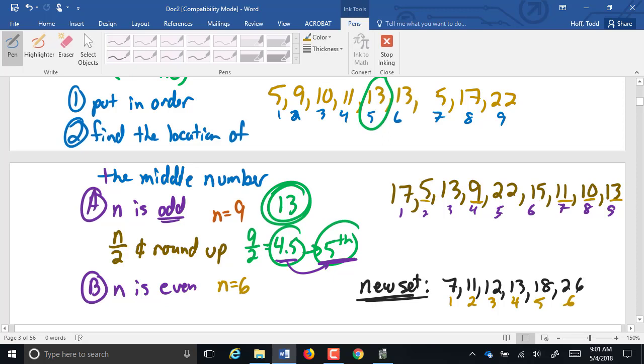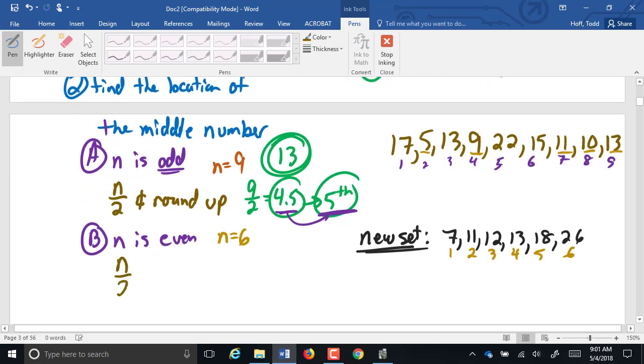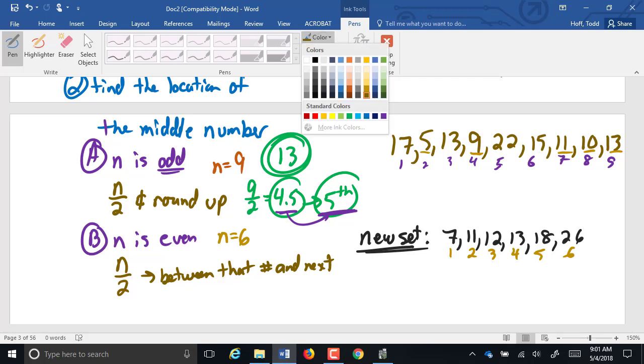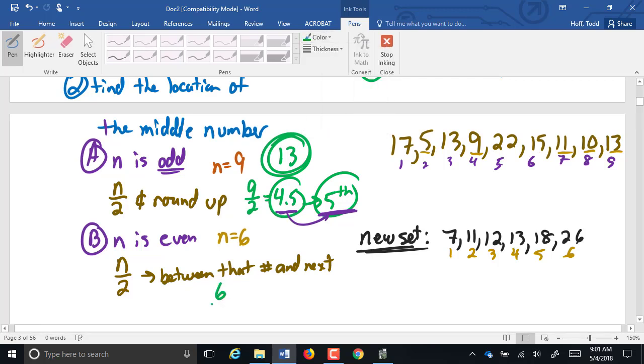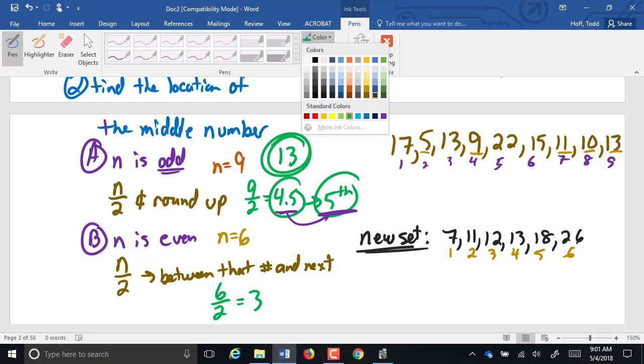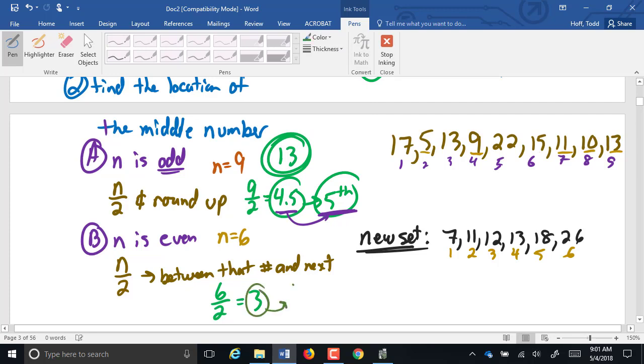So we're going to do n over 2, and it is between that number and the next. Let me show you what I mean there. N is 6, so 6 divided by 2 equals 3. So that's telling us it's between the third and fourth number. The third one is 12, the fourth one is 13.